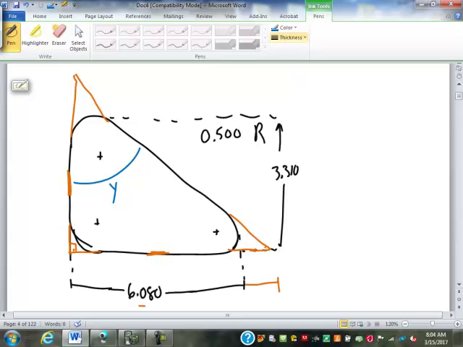So what I'm going to do is down here, I'm going to form this triangle. This here is a radius of the circle, 0.250.